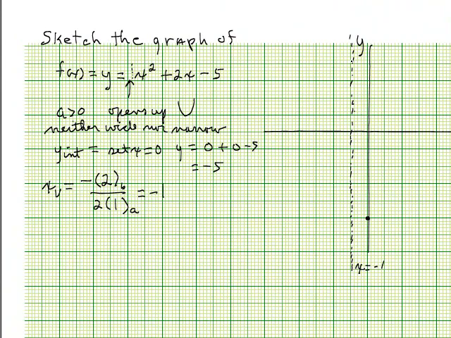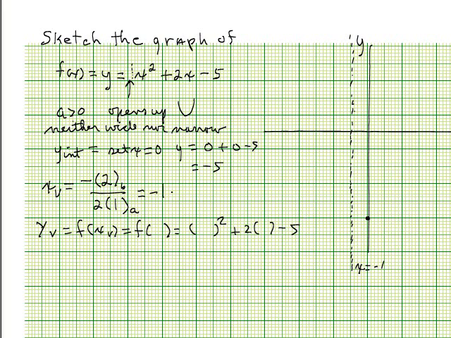Somewhere along this line is going to be the vertex of the parabola. Where on that line is it? To do that, we need the y vertex, which is f of x vertex. So I write f with empty holes. So I write empty hole squared plus 2 empty hole minus 5.